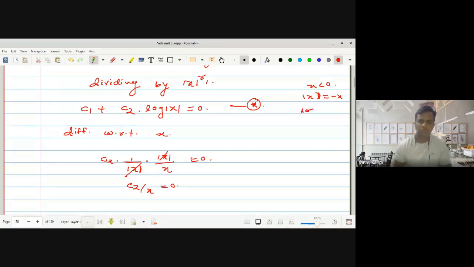Mod x, the log of mod x चा डेरिव्हेटिव्ह काय येईल, 1 upon mod x into mod x upon x. Mod x काय तुमचा minus x. Okay. With respect to x. असा येईल ना तो. mod x काय होईल ते minus x equal to 1 upon x.